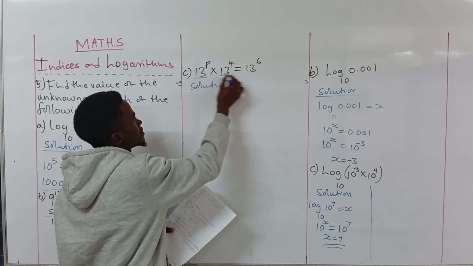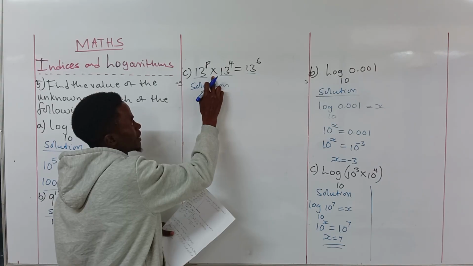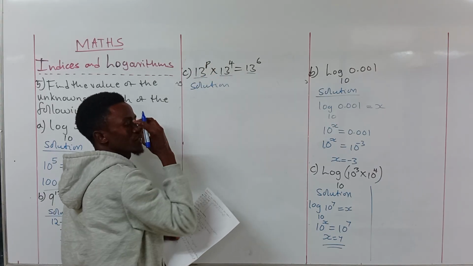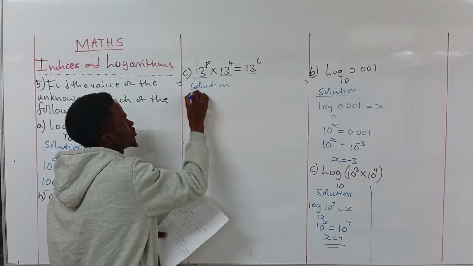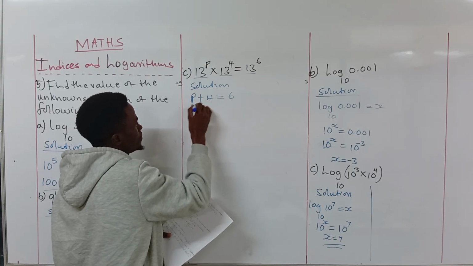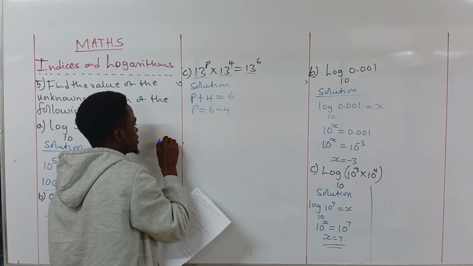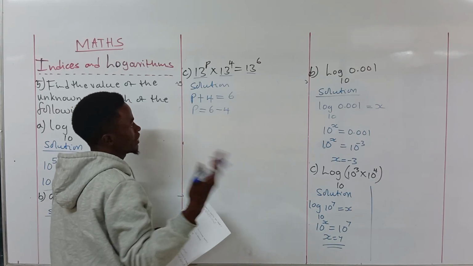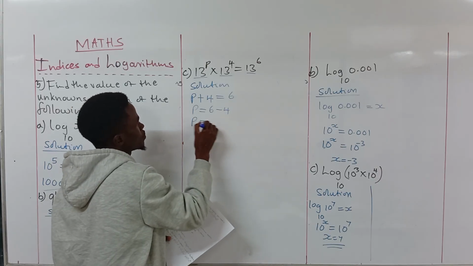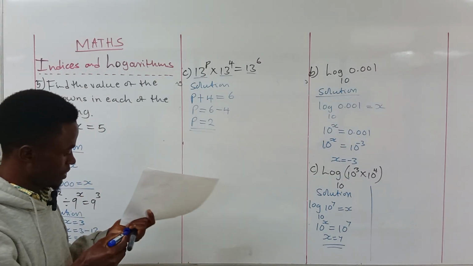They have the same base, so we are not going to struggle with it. It means that when there is a multiplication, we introduce addition on the power. So p plus 4 is going to be 6. p is going to be 6 minus 4, because it has gone to the other side. So p is equal to 2. That is our value of p.